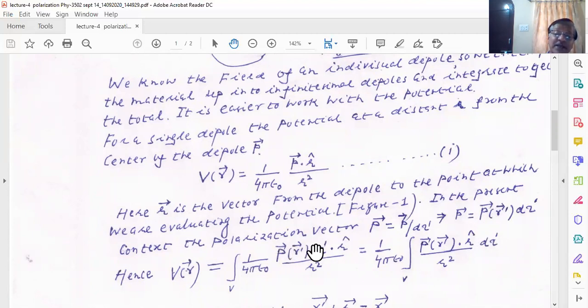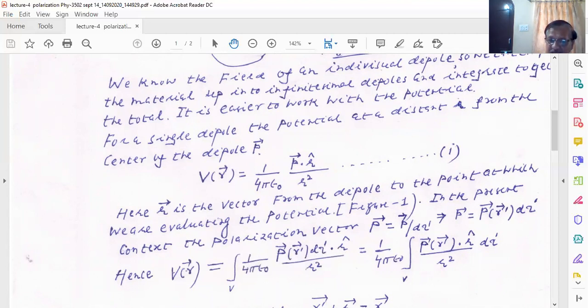So I write down vector P d tau prime, then you have r caret over r square, and I integrate over this. This is basically giving you the total potential. Here V of r is not the total potential; this is the potential because of the small volume element. But the total potential, V at r, is the volume integration of the integrand.